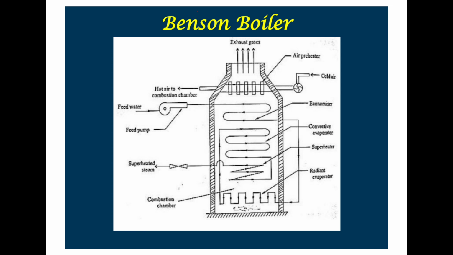The feed water pump feeds the water to the economizer, and the economizer conveys the water to the convective evaporator chamber, and then the water goes to the radiant evaporator chamber, and then the water enters the superheater region.